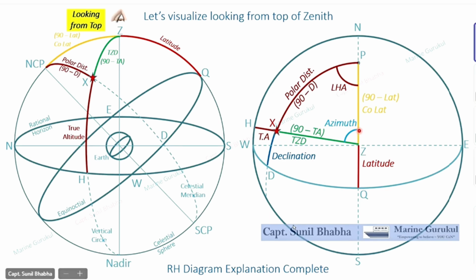So we use our knowledge of spherical trigonometry, we use the cosine formula or the Napier rule, whichever is applicable, and using the available parts, we find the unknown parts, the parts which are required by us in the question. So this is the concept of solving the rational horizon based questions.